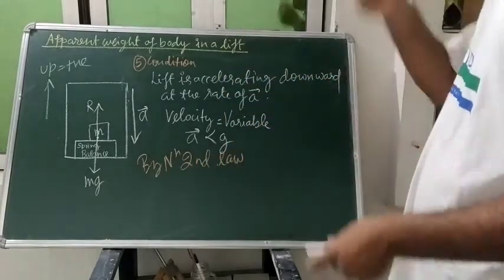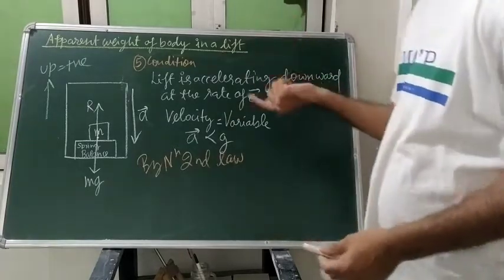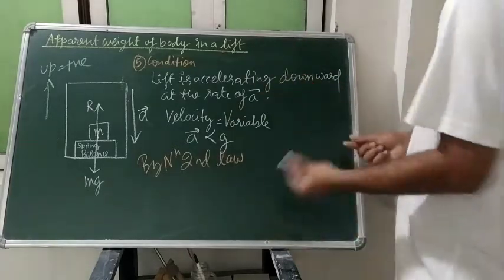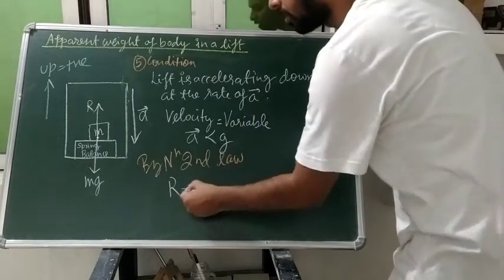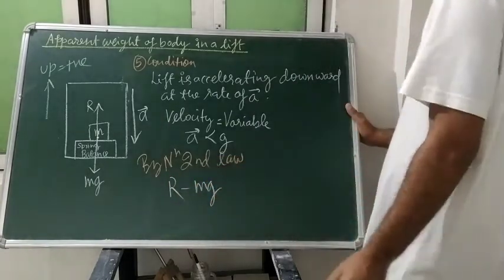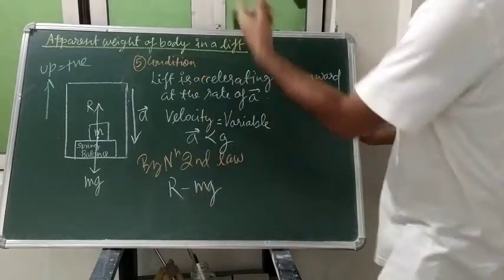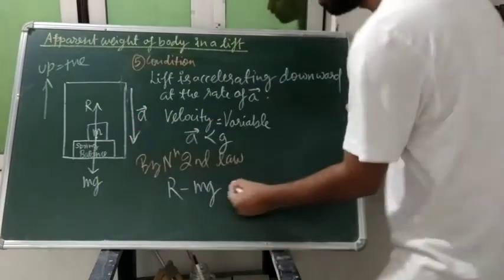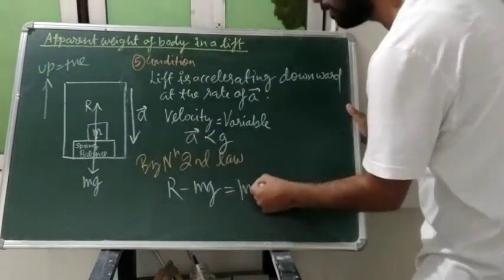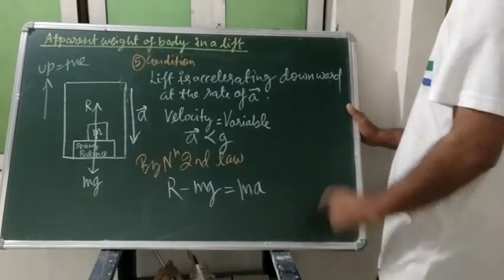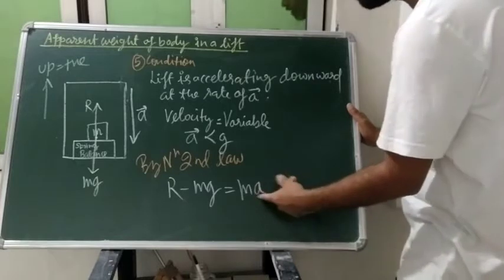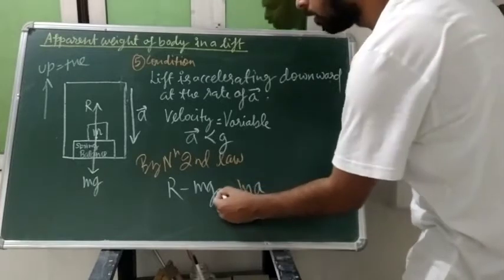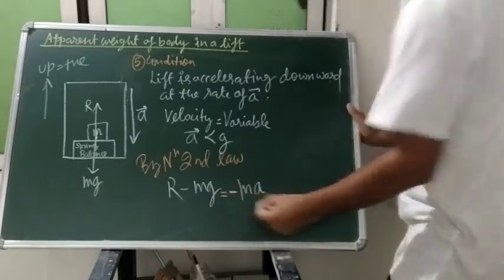Upside is positive, so reaction R is positive, minus mg, and since it is moving downward it should be equal to m times a only, according to Newton's second law. Because it is moving downward, of course we put a minus sign on a.